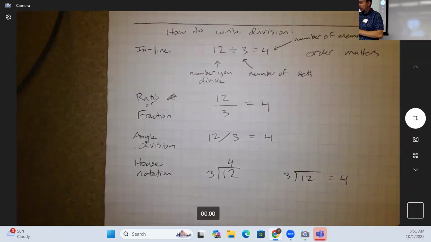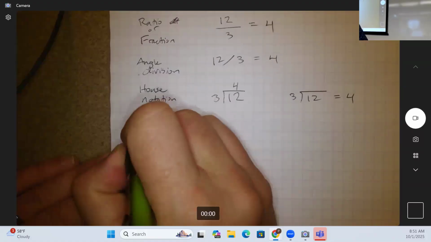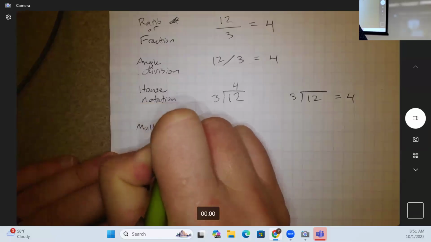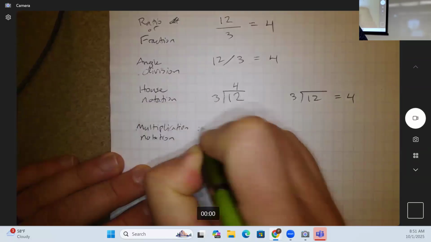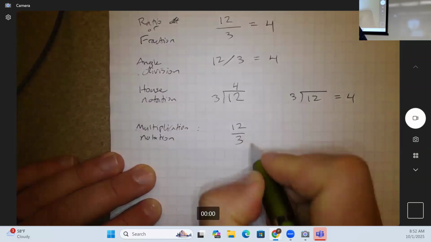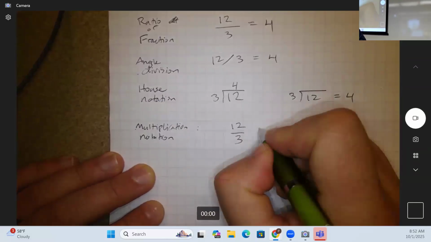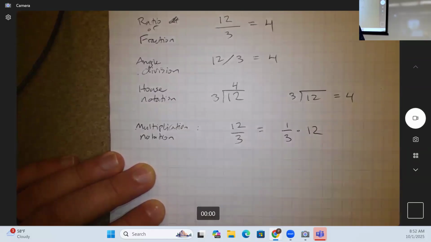Actually, there's one other notation which is really useful. And this is where I said multiplication and division are really two sides of the same coin. We're going to call this the multiplication notation. So if I do 12 divided by 3, and I don't want to do division at all, I can see that as 1/3 times 12.